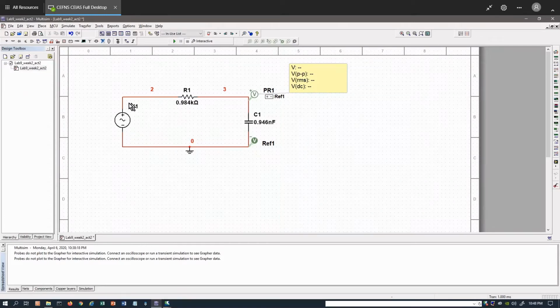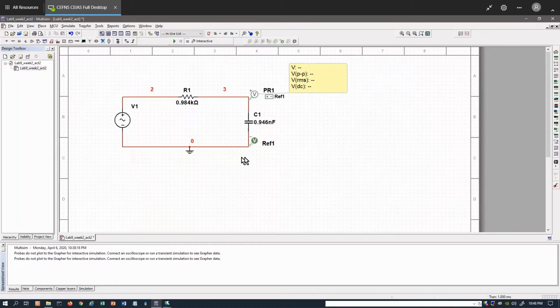But we know this voltage source has 10 volts peak-to-peak voltage, and I think currently the frequency is set to omega c, the cutoff frequency of this circuit.